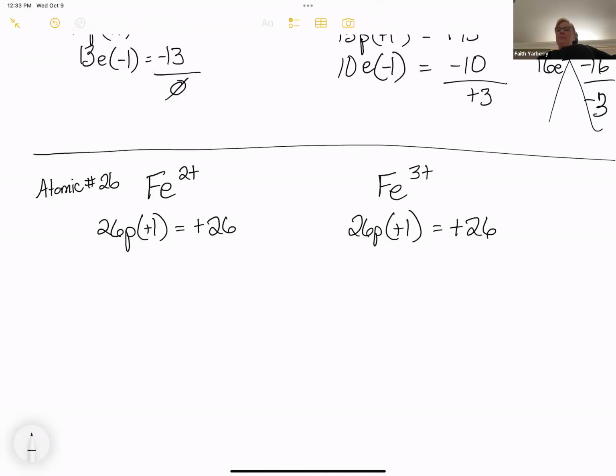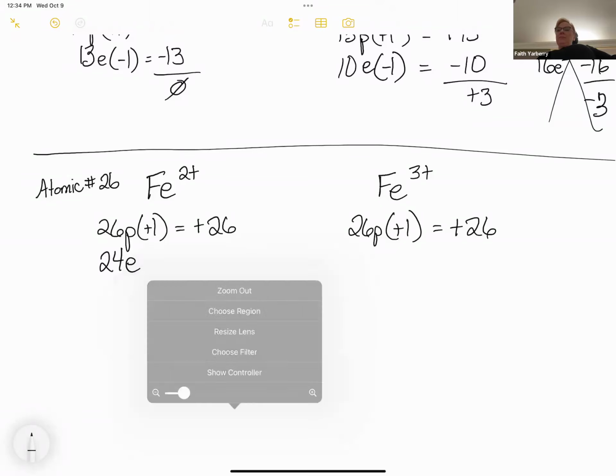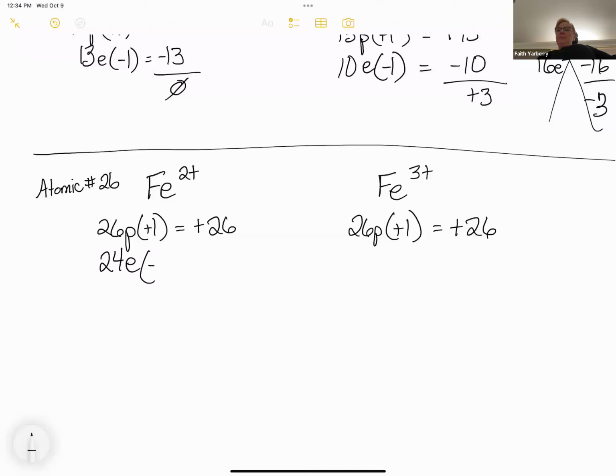Cations result from the loss of electrons, meaning they have fewer electrons than protons. So yes, there are 24 electrons in iron 2+, and you can check yourself by realizing that that adds up to a -24, and therefore the two together, the protons and electrons, add up to a +2.